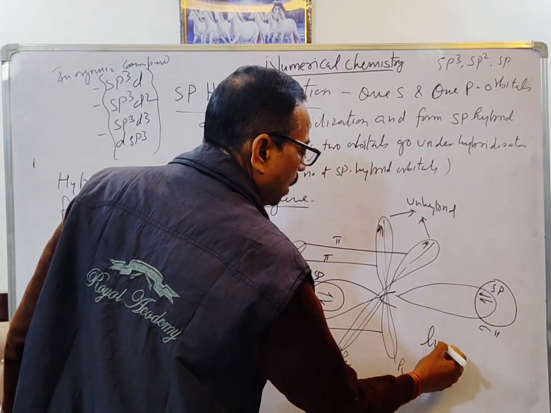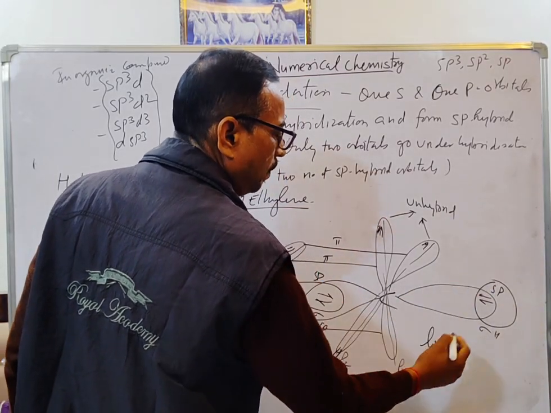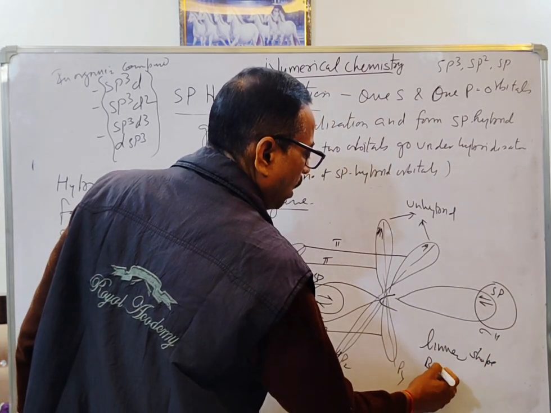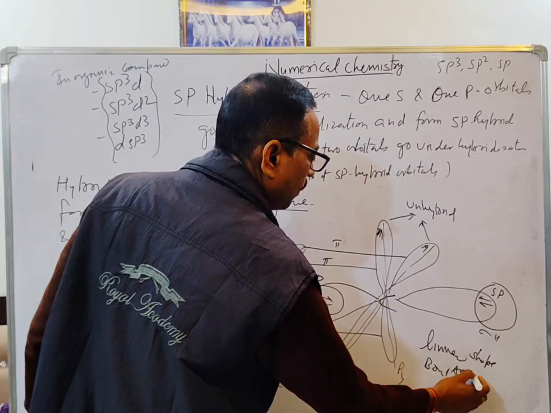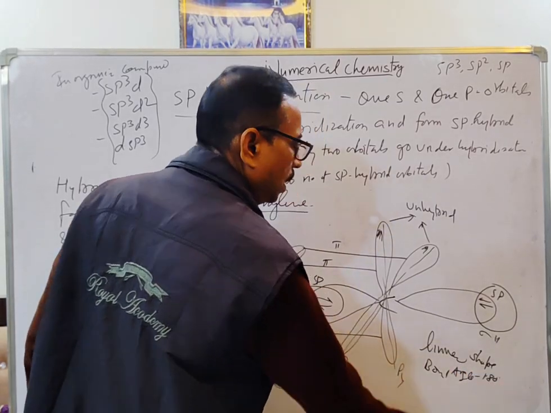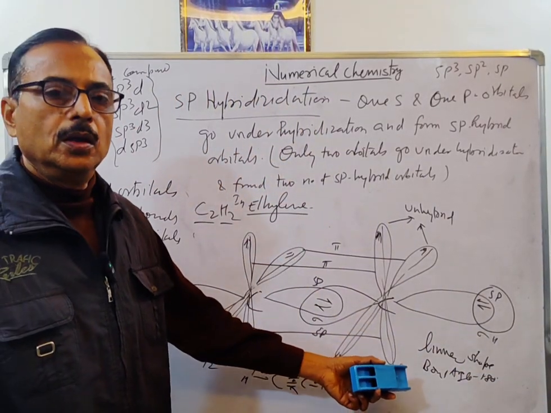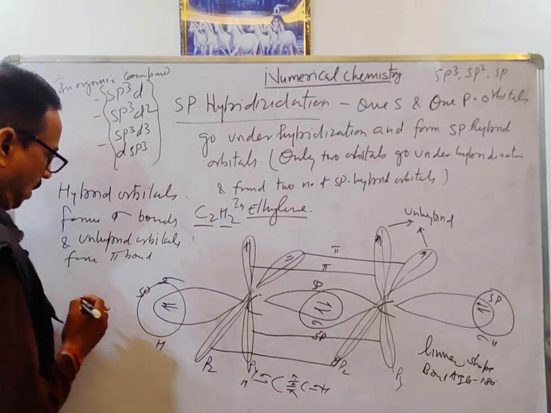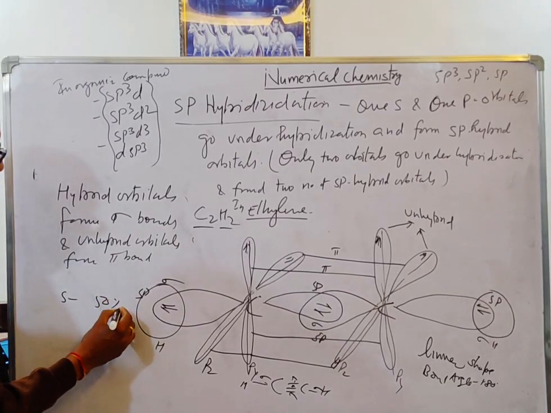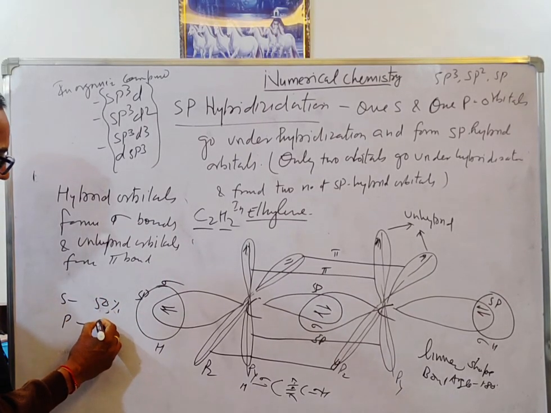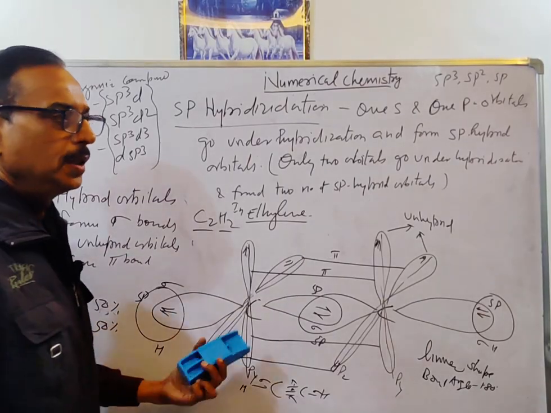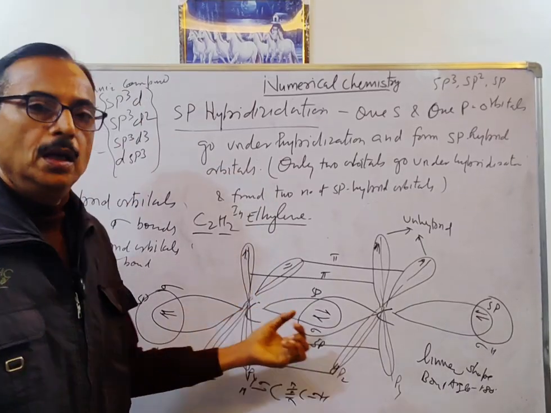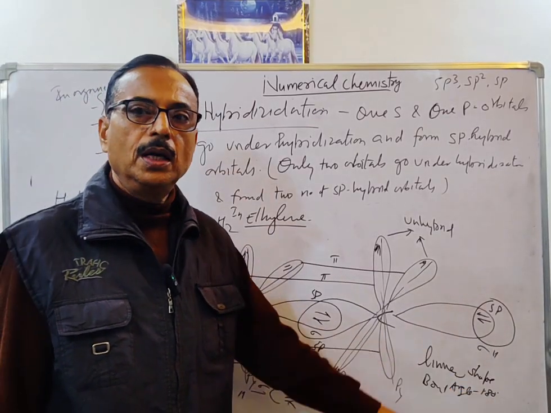Linear means in the same straight line, and in linear shape the bond angle will be 180 degrees, and S character 50%, P character 50%.